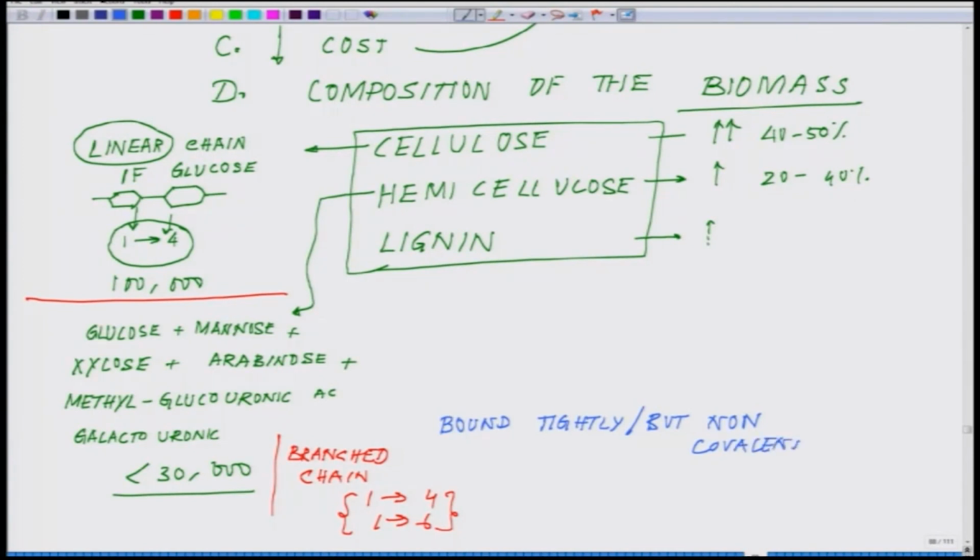Why is this very important? Bound tightly but non-covalently to the surface of cellulose, because realize one thing, what are we extracting in the form of bioenergy? We are breaking the bond energies.